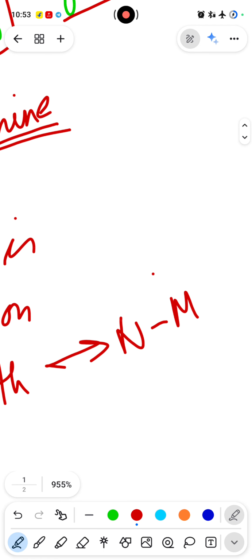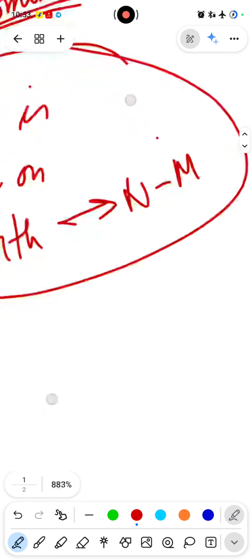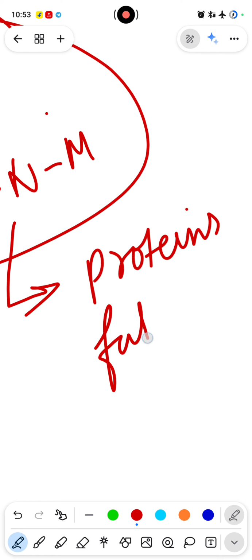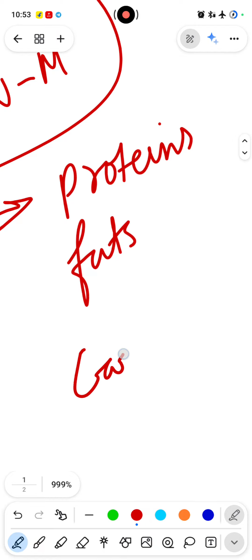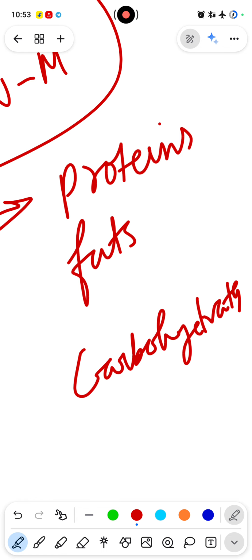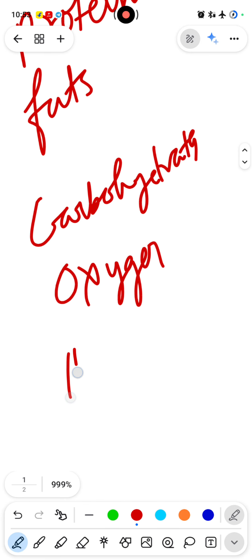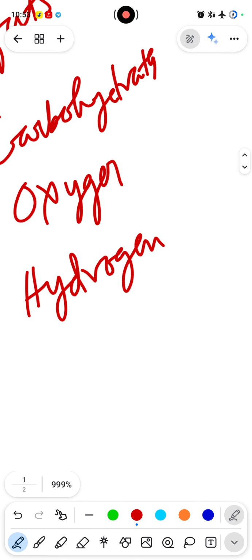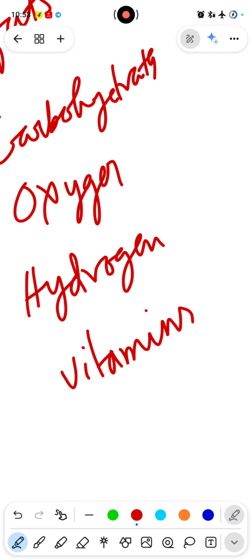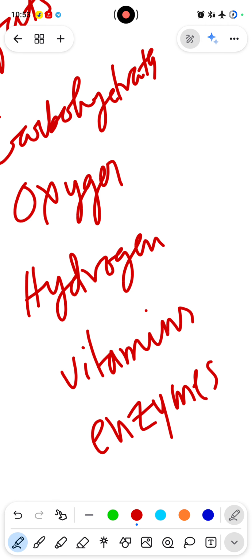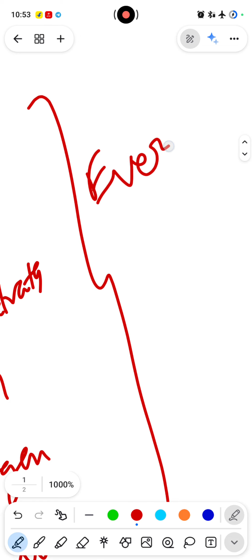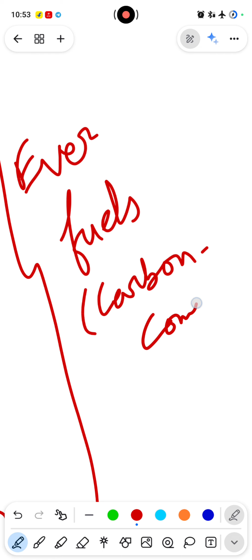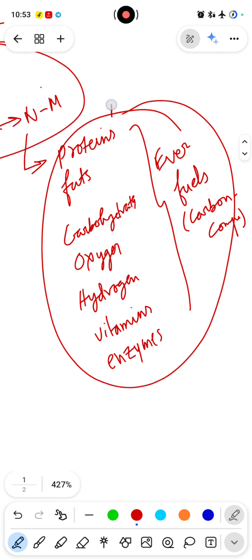Yes, because of non-metals, because proteins, fats, then carbohydrates, the oxygen we live on, the hydrogen, that is water made of, and we produce electricity of hydroelectricity, and vitamins, enzymes, these all are even fuels we burn, that is basically carbon compound, these all are non-metals.